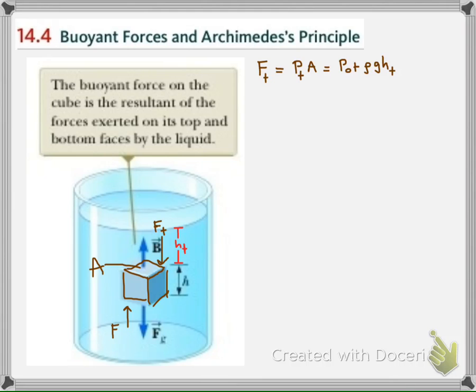We call it F bottom, and we can write the expression for F bottom like this: F bottom is equal to the pressure at the bottom times area A, which is equal to P0 plus rho G H bottom, with a small b here too.